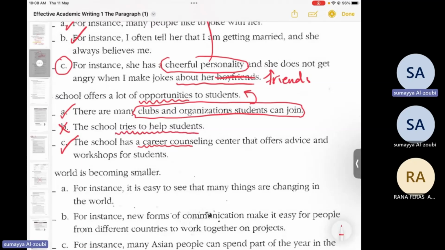In which way does it help the students? As I told you, try to ask yourself always, could the examples that you would like to use answer the question, for example, why or how? If you can succeed in convincing the reader how it has happened or why this is acceptable or why it is that way, then actually your examples are absolutely true.